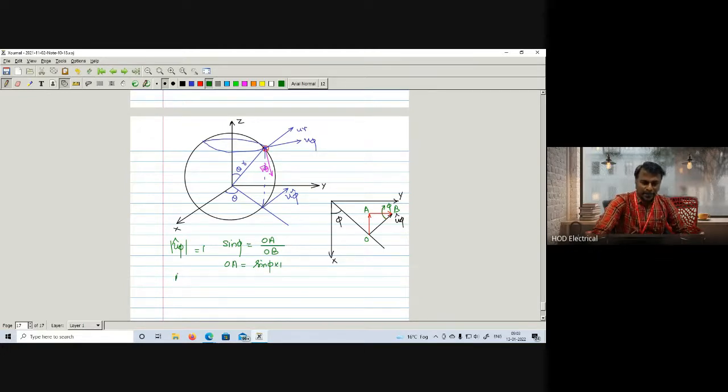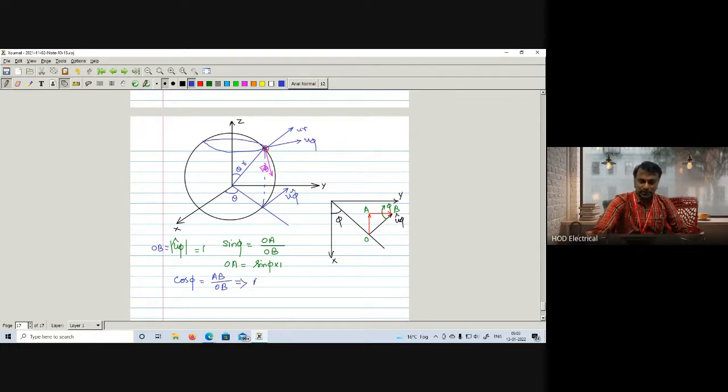Similarly for AB, cos phi can be written as AB divided by the magnitude of OB. Already we know the magnitude of OB is nothing but the magnitude of the unit vector u phi.